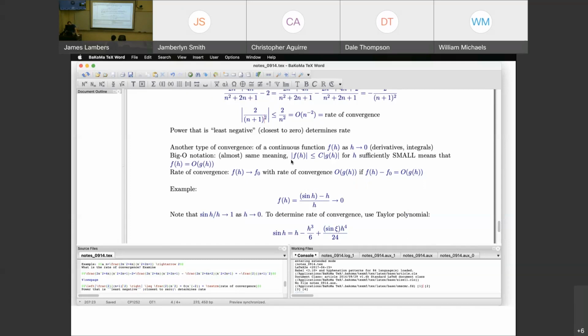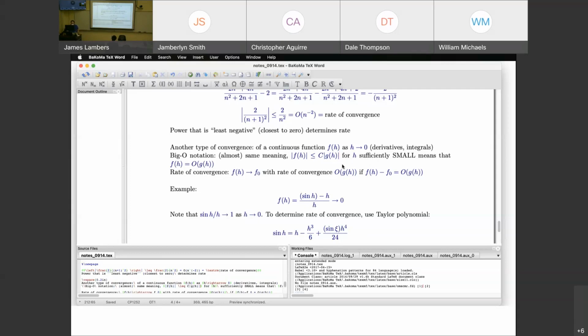So we have a similar definition of big O notation for functions. So the same kind of inequality, f of h is big O of g of h. But this time, instead of looking at n going to infinity, we look at h sufficiently small, because h is going to 0. You can almost think of h as playing the role of 1 over n.